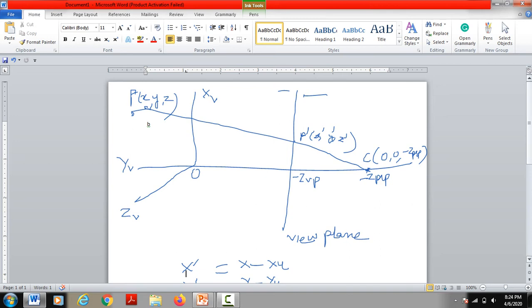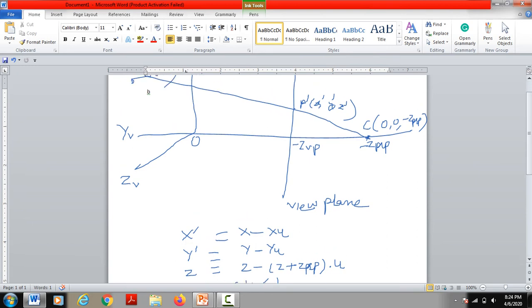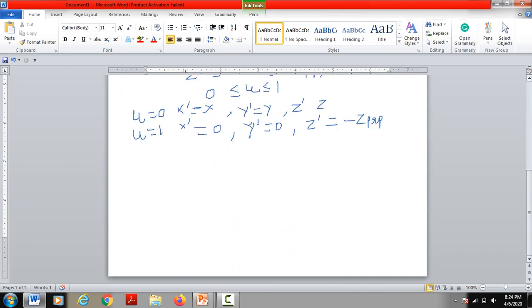Suppose the value of z dash is at this zvp, because we have this view plane, and on the view plane the coordinate of z is minus zvp. So we have to draw z and y. Consider on the view plane, z dash is equal to minus zvp.